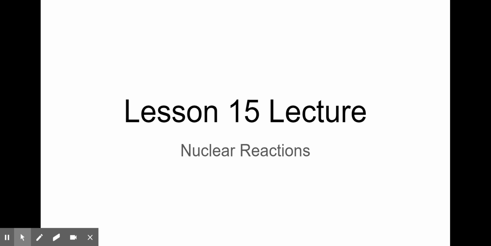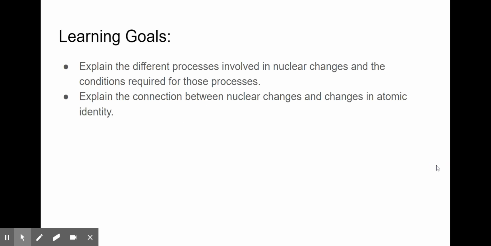Fission is a process where the nucleus breaks into smaller pieces. So we have one large nucleus and it breaks down into 2 nuclei. Fusion is where we have 2 nuclei and we bring those together, we fuse those together to create one larger nucleus, okay? Most of these processes that I've just talked about involve changes in the atomic number. And again, when we change the atomic number or the number of protons, we're changing the identity of the element that we have, okay?